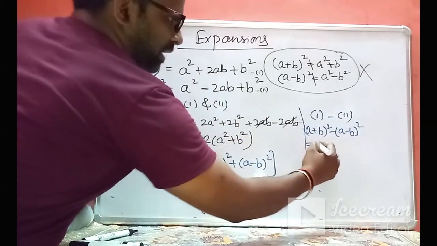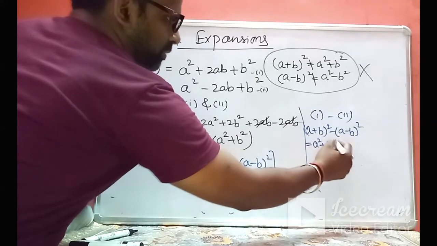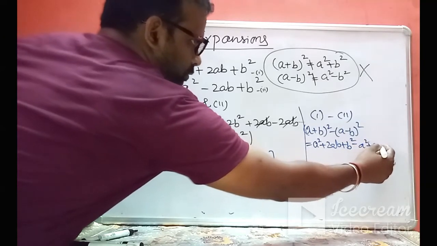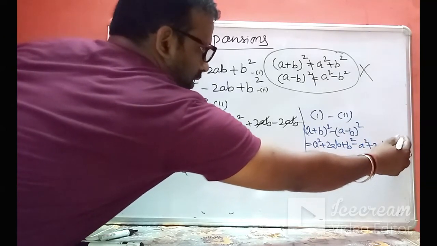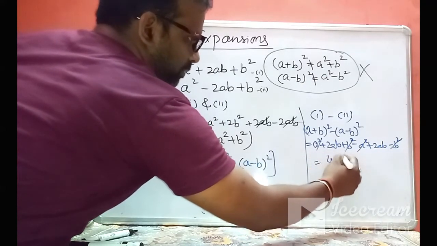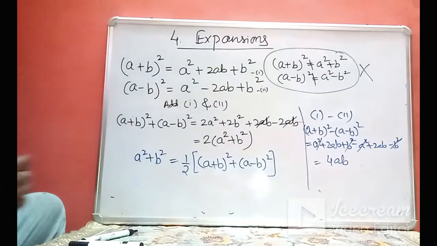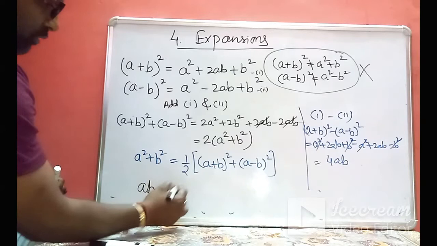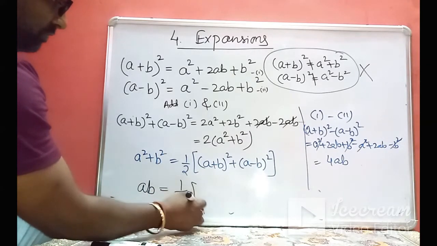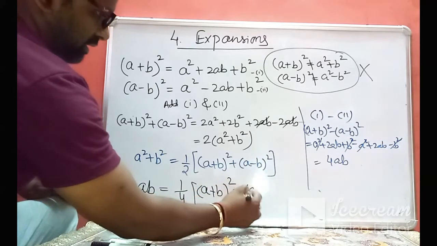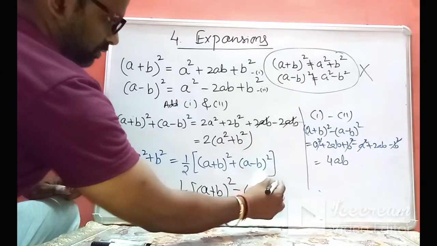I am writing it here: a square plus 2ab plus b square minus a square plus 2ab minus b square. So these cancel out, and we will be left with 4ab. So from here we can make out one more identity, that is, ab is actually 1 by 4 times (a plus b) whole square minus (a minus b) whole square.